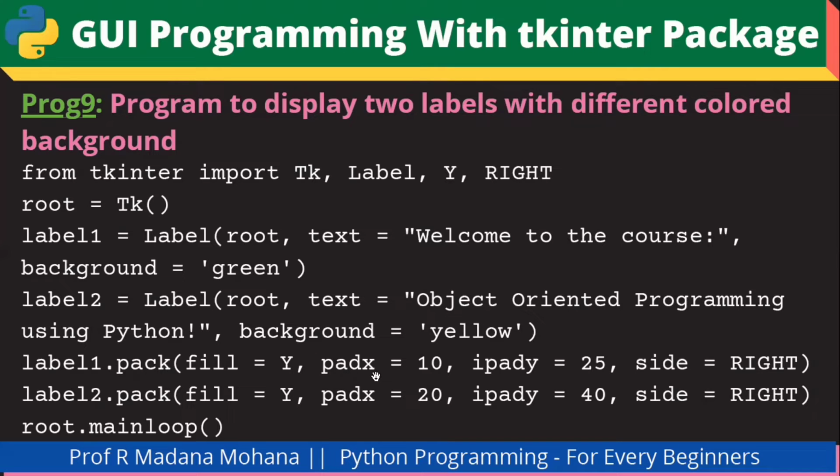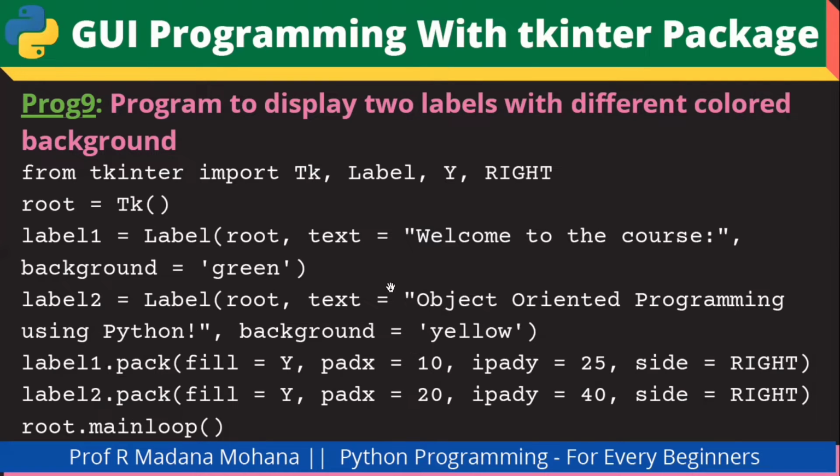Next is padx equal to 10, then ipady equal to 25, then side equal to whether you want the left side or right side. Here we have given right. Similarly, label2.pack of fill equal to Y, padx equal to 20, ipady equal to 40, side equal to right. Then root.mainloop.